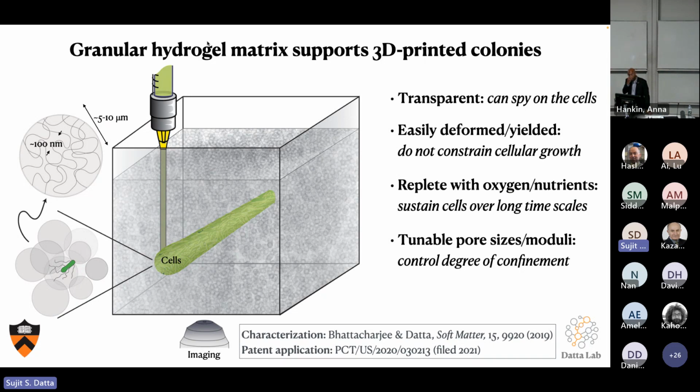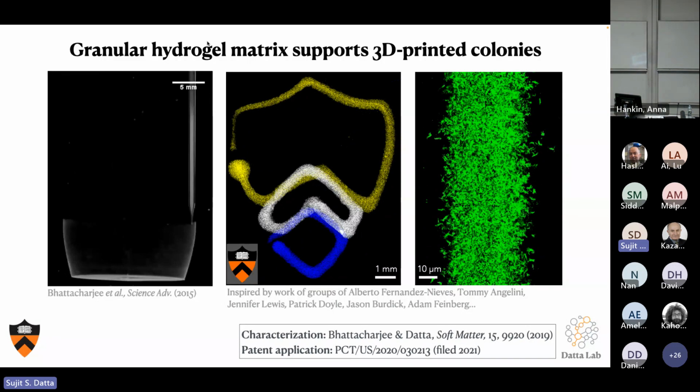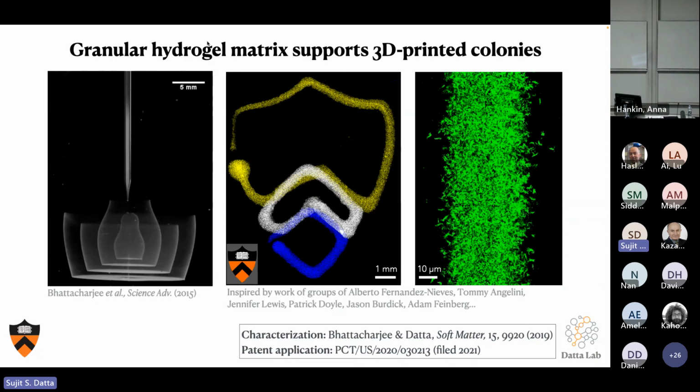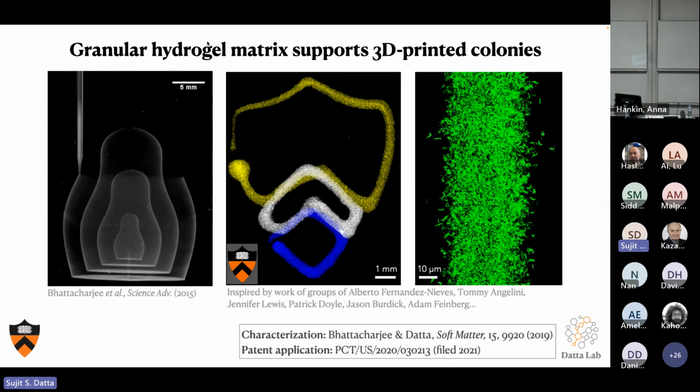Similarly, in these granular hydrogel packings, what we do is we built a 3D printer in my lab where you have an injection micronozzle that's mounted on a position-controlled stage, plunge that into the hydrogel matrix, extrude cells from the tip, and trace out any 3D path you want. As that nozzle moves, it's extruding cells along its path, it's pushing the hydrogel grains out of the way, and then they repack around the injected cells and hold them in place. So this is a form of 3D printing.